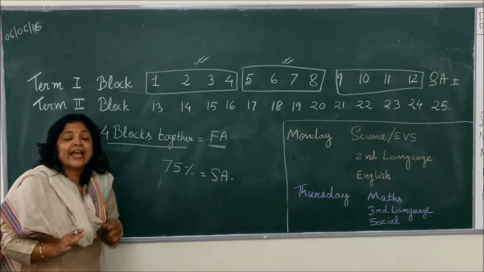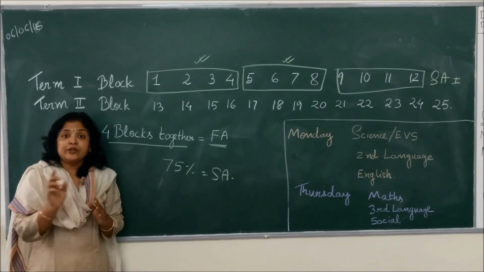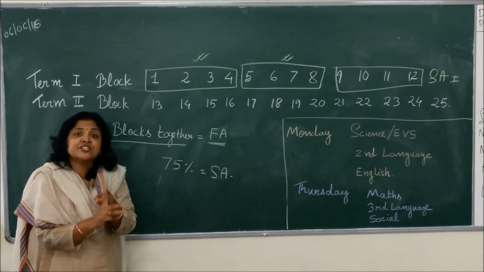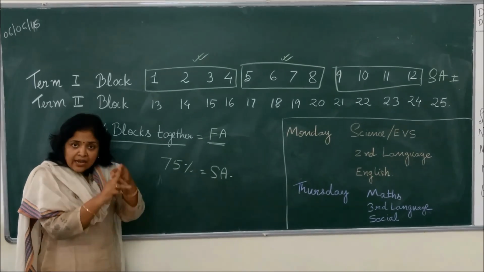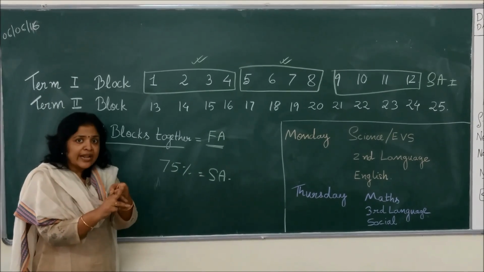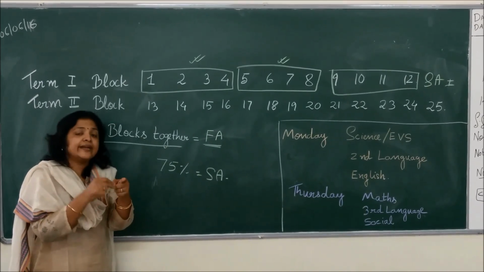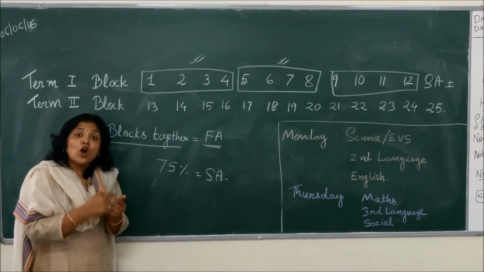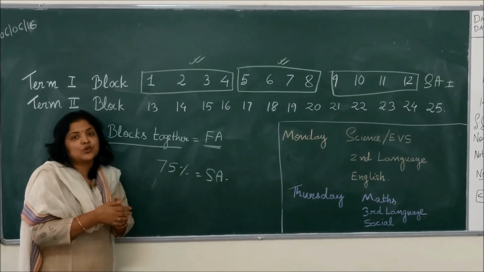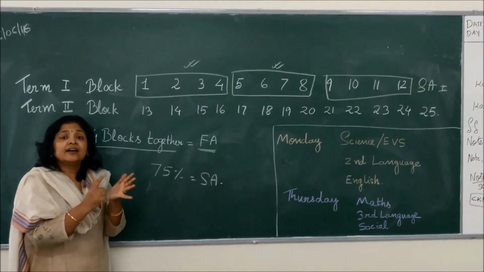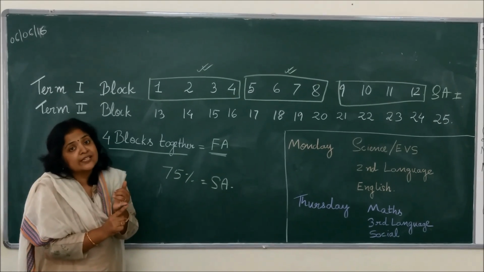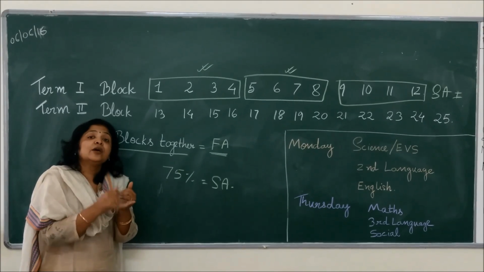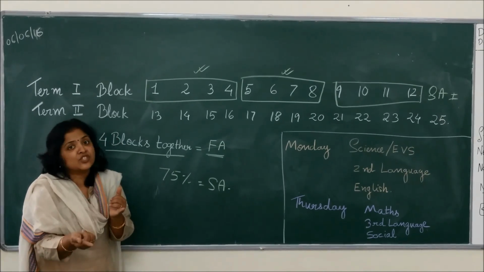So each Monday and each Thursday, the child will be doing 3 things. First, bringing back the revision sheet of that block. Second, writing the block assessment on that day, or oral presentation. Third, collecting the block assessment revision sheet for the next week.